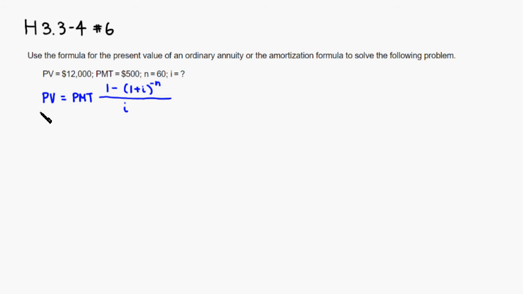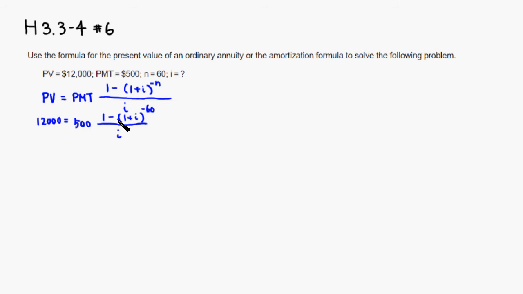So present value is 12,000 and the payment is 500, right? Then we don't know I, so we're going to have to leave it as it is. So 1 minus 1 plus I, raised to the negative, n is 60, and over I.